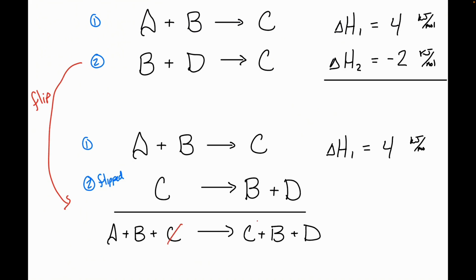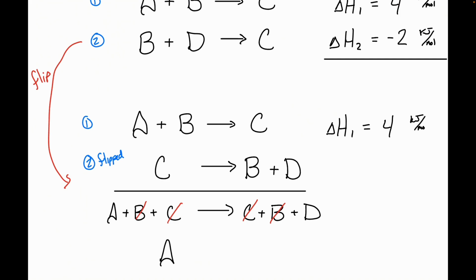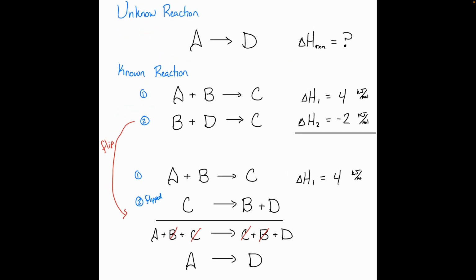I got C on both sides. What else? I got B on both sides. So what I'm left with here is this reaction, A being converted into D. Is that the reaction that I'm trying to study? Cool. So I combine these two reactions to get my unknown reaction, and I need to do the same thing with my enthalpies. Now I can figure out the enthalpy of that unknown reaction.